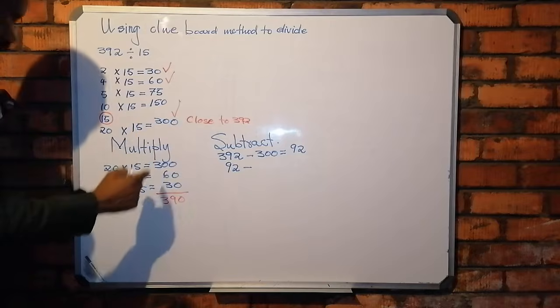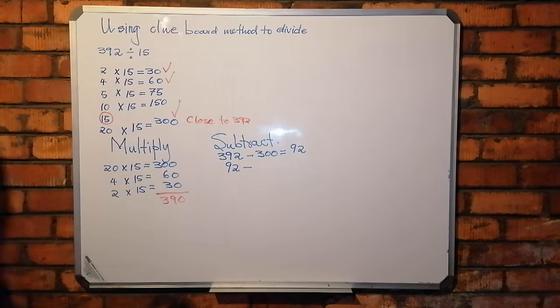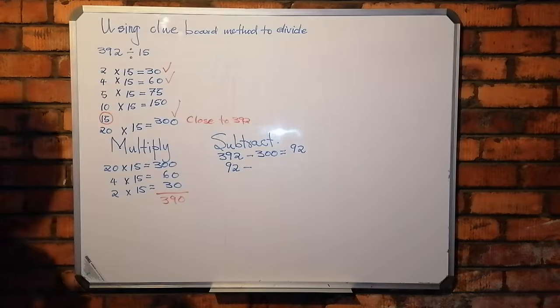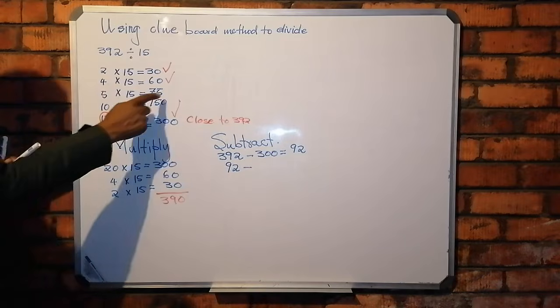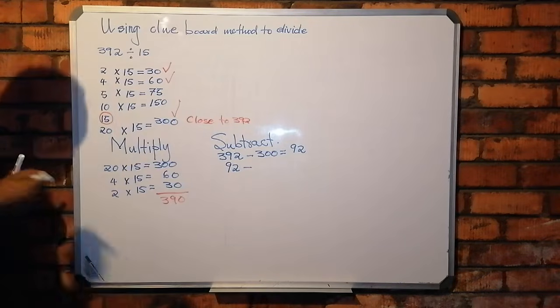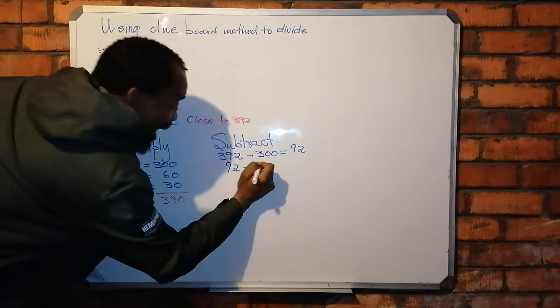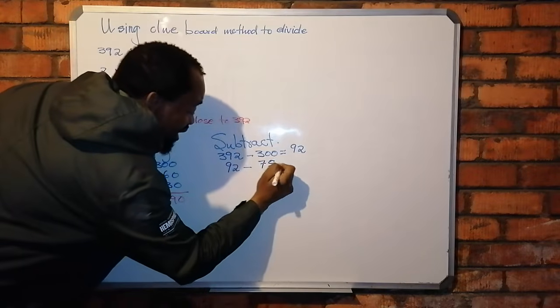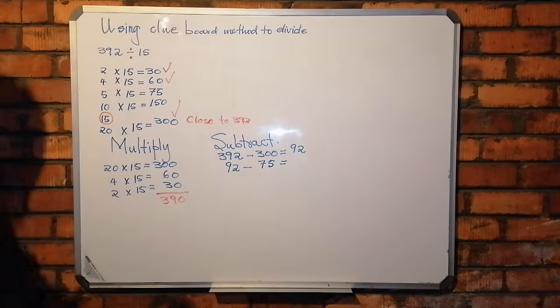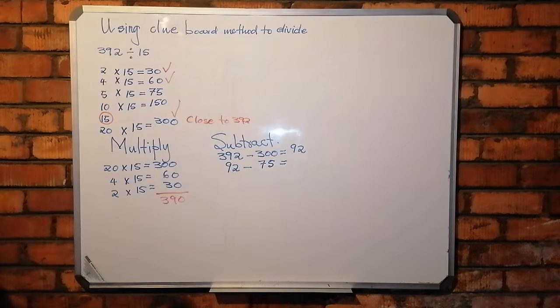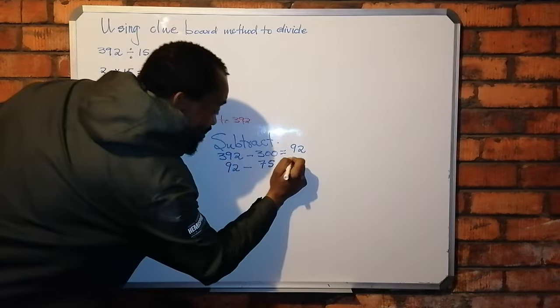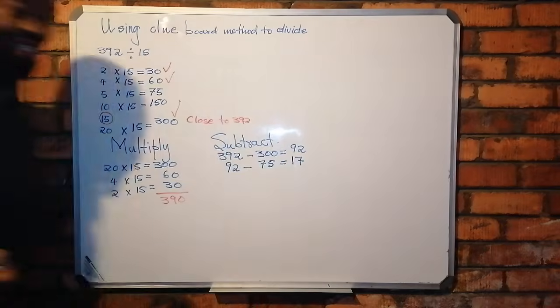We have used this one there. Alright? I hope the mummies are still fine. I haven't used this one. Now, I'm going to minus 75 from 92, which is going to give us 17.